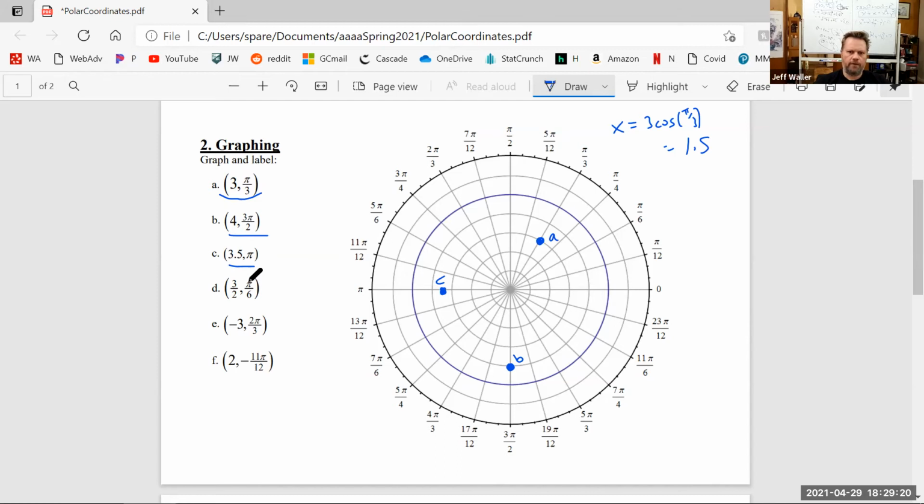So now I'm going to face pi over 6. And then I'm going to move 1.5. That's D.